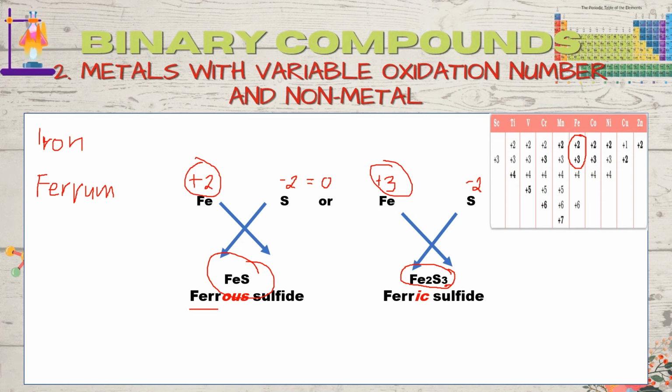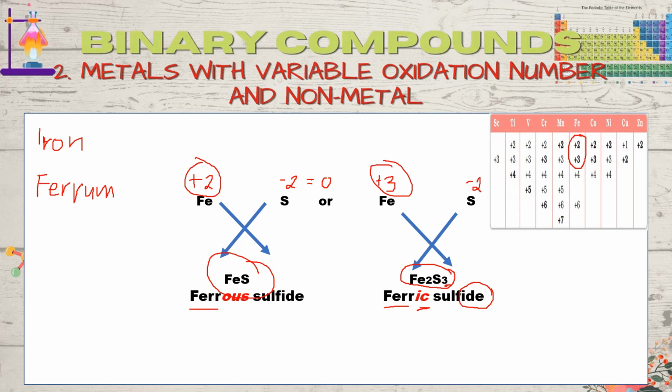So, which is higher? So, ang higher natin ay Fe positive 3. So, from the Latin word ferrum, then you change the ending to IC, which is higher based on the oxidation number. Kaya po siya naging ferric. And then sulfur, you change the ending to IDE. Then the name is ferric sulfide.